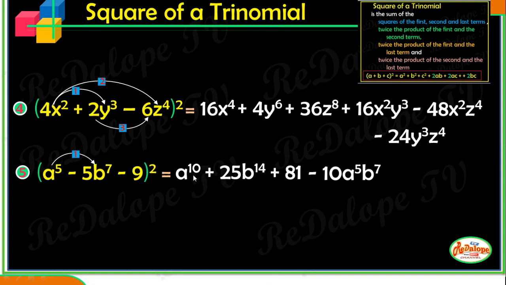And then for the fifth term, we multiply the first and the last term, and that is equal to negative 9 times a5, negative 9a5 times 2, so that is negative 18a5. And then for the last term, multiply the second term by the third term, so we have negative 5b7 times negative 9, so that is a positive 45b7 times 2, so that is positive 90b7.